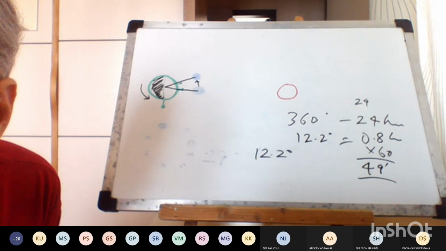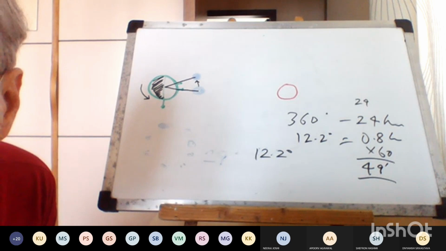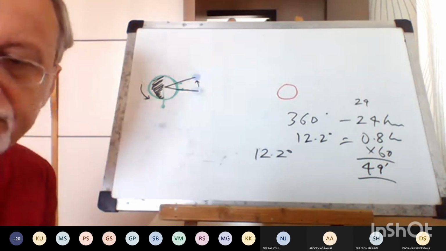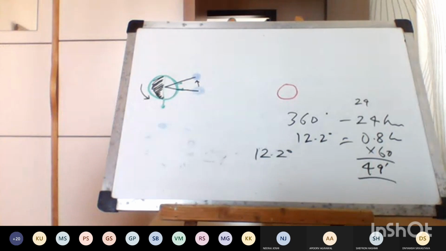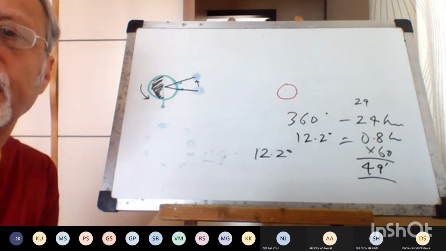You saw the moon exactly at this position today. Tomorrow you will see it will not be there at that same time, same position. It will come 50 minutes later. So will you do that for me? Yes, sir, for you to understand better.